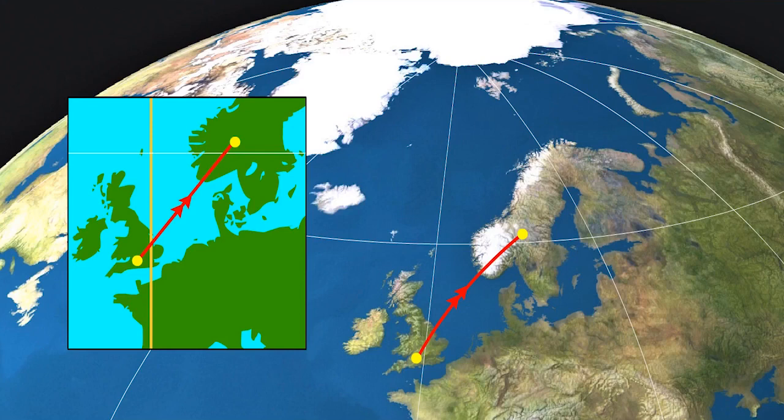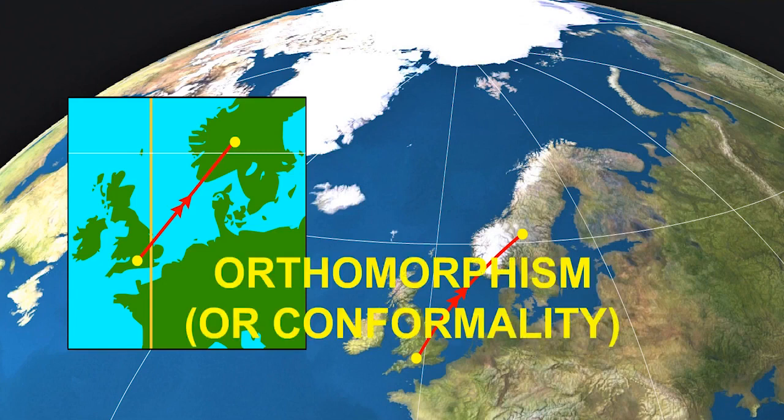The first one, that angles on the Earth's surface should be represented by the same angles on the chart, is utterly essential. If we can't measure a track angle and know that it will take us along the desired path over the Earth, the chart is useless to us. This characteristic is known as orthomorphism, or conformality.